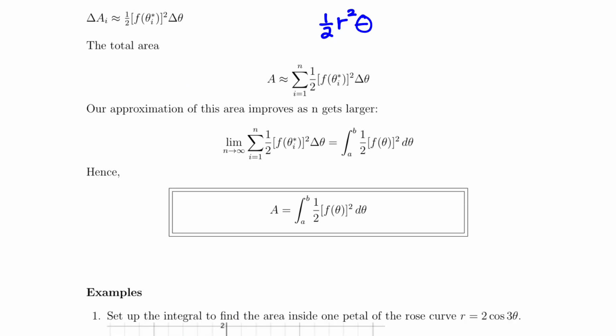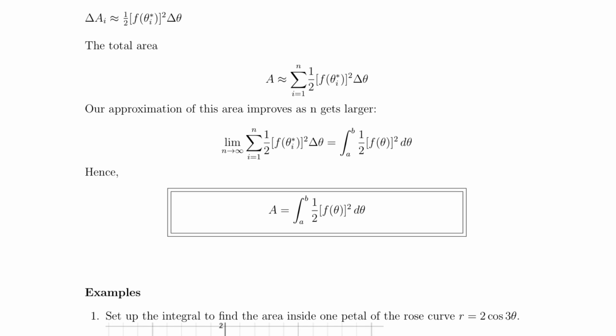And so if you look in your notes in Canvas, you're going to see it right here, and instead of f, I want to just replace f with r, and I'm going to need to do that in my notes. But you're going to use this formula.